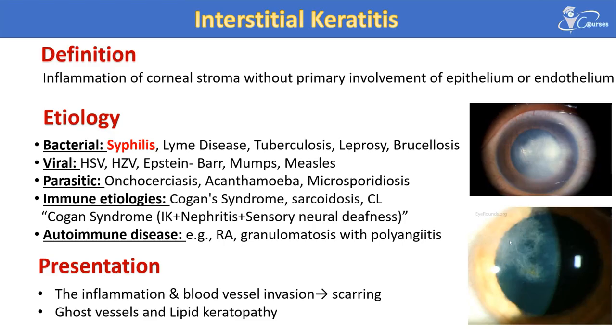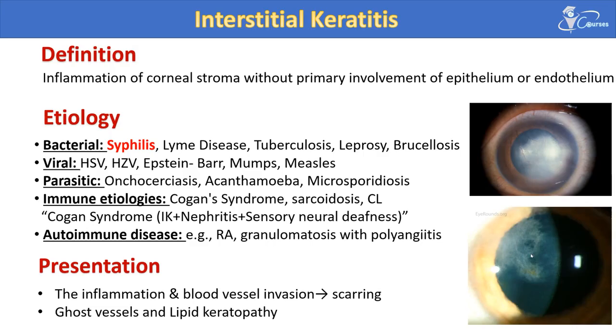Ghost blood vessels are empty blood vessels present in the stroma after relief of the acute attack, but sometimes they can refill, causing intracorneal hemorrhage, leading to hemorrhage within the cornea.